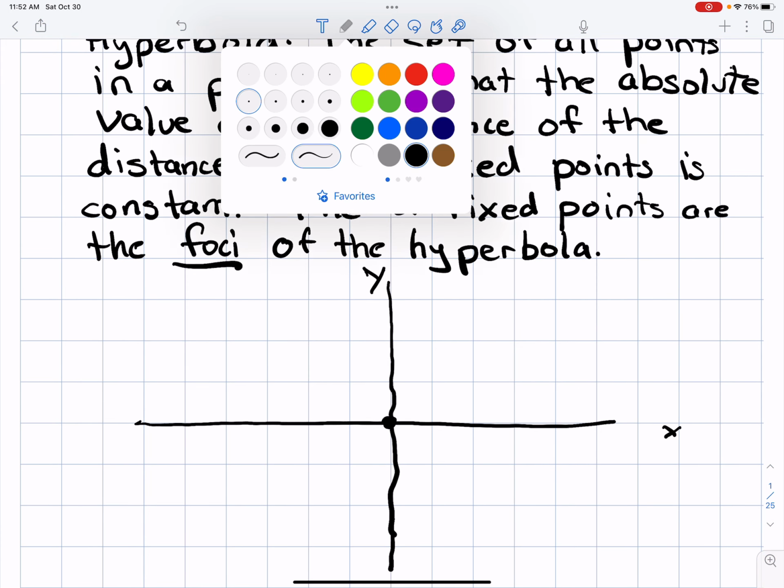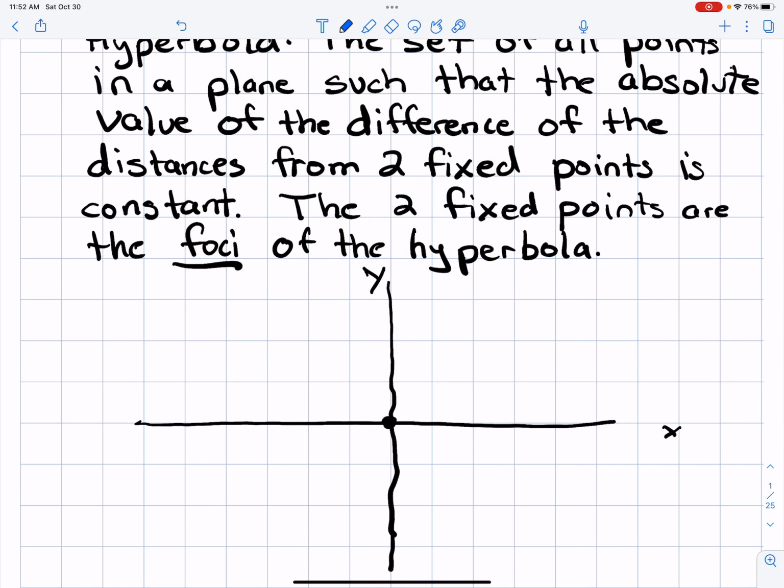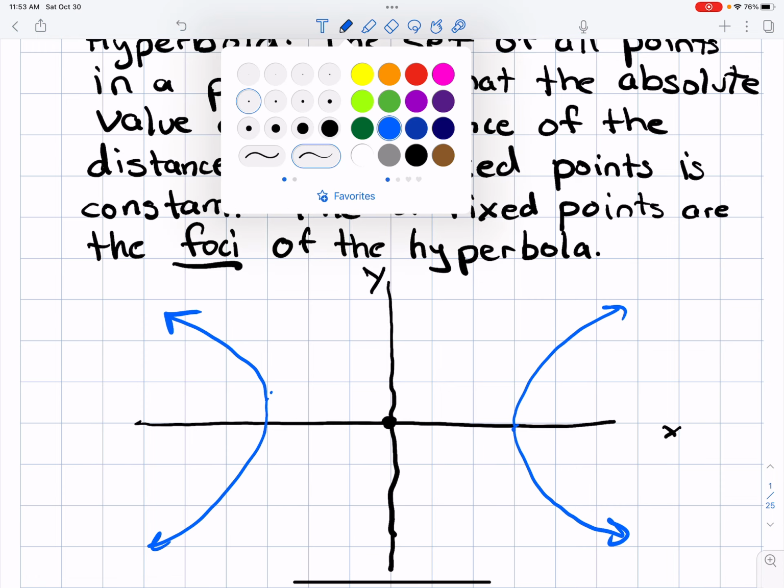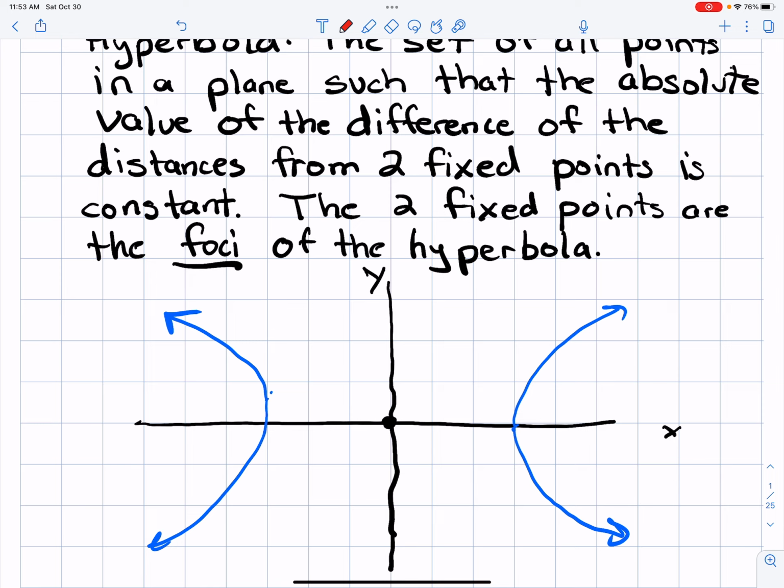I'm just going to do a really quick rough sketch, much in the same pattern as what you might see in your book. You'll find that the hyperbola looks like two parabolas facing away from each other. That's kind of what it looks like, but it's its own thing.